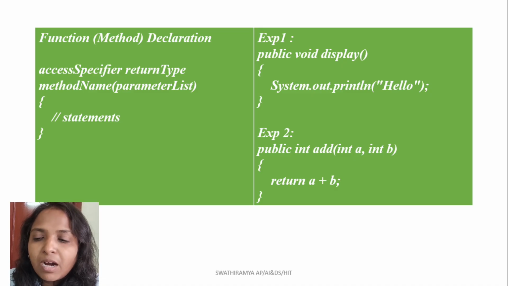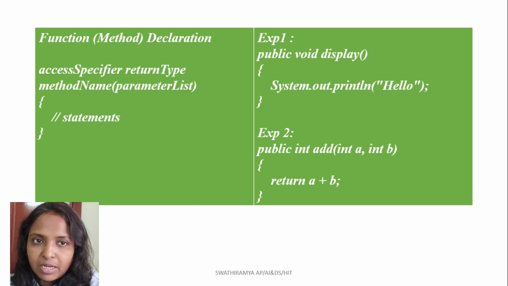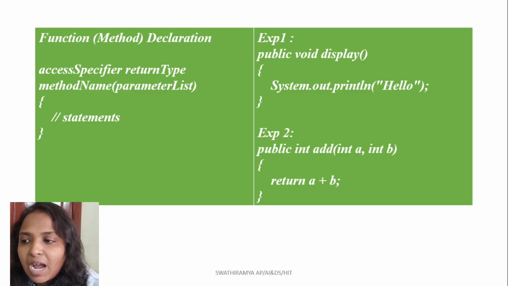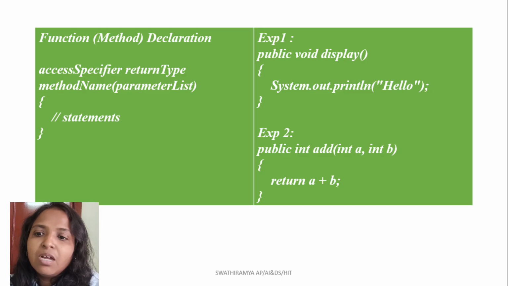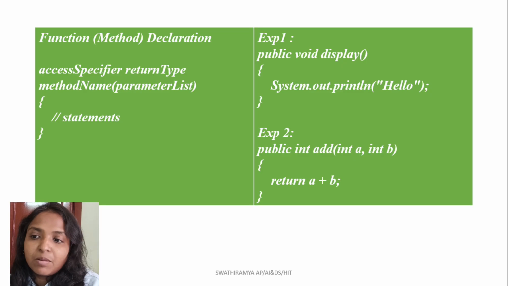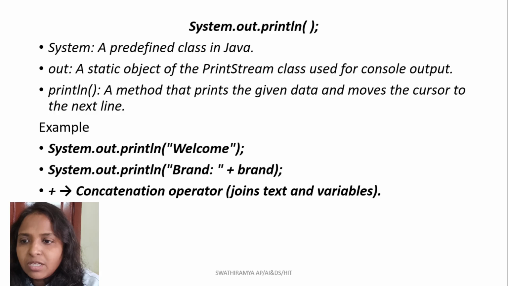After execution of this function, I will get the value of the addition of a and b. So this is the basic structure of the class. Inside the class, we have data members and member functions. How to declare a data member and how to declare a member function, everything has been covered. This is a very basic class declaration.